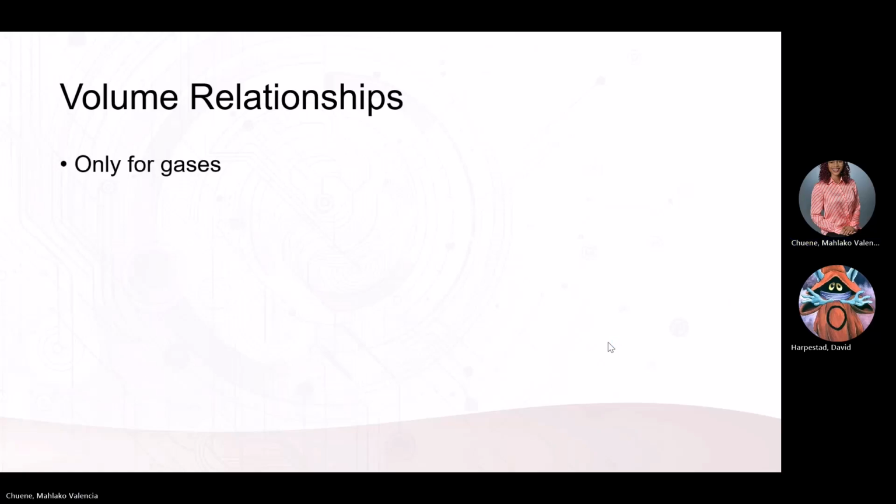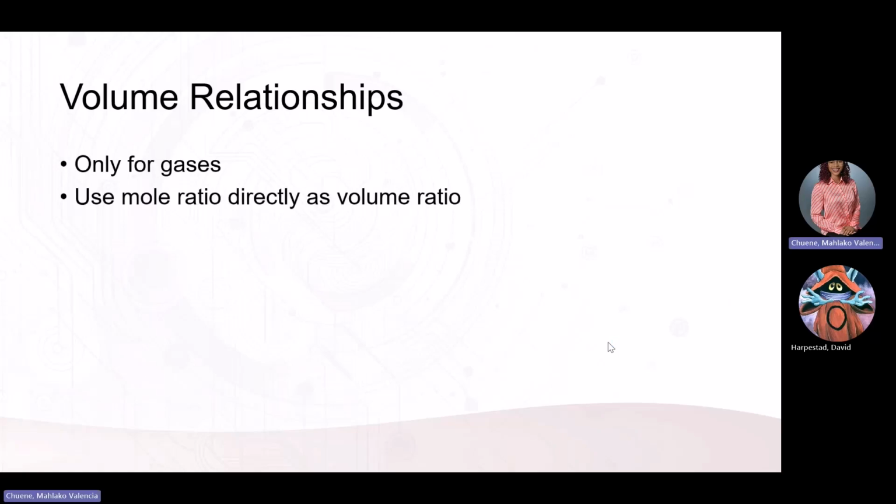We use the mole ratio directly as the volume ratio. So the mole ratio and the volume ratio are the same. If we've got 1 mole, it means the volume is also 1. If we've got 2 moles, it means the volume is also 2.